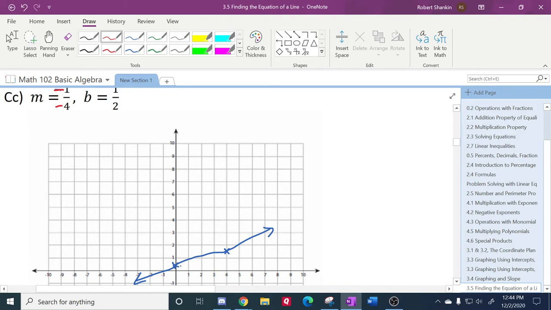And if I had done rise -1, run -4, I would have come up with over here. And my line should be going through that. It went a little bit lower than it should have. Okay, so either way would work.